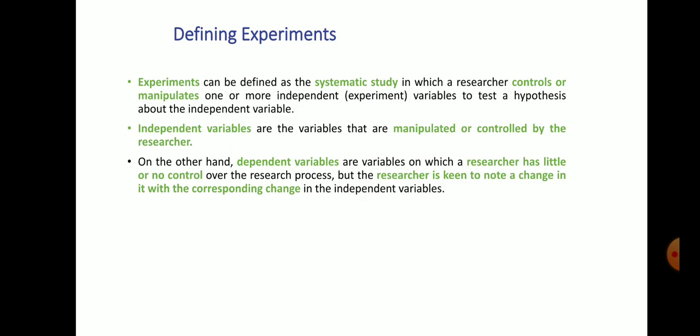Now, what is an experiment? It is nothing but a systematic study wherein the researcher controls or manipulates the independent variable. Before we understand this systematic study, we need to understand what is dependent variable and independent variable.